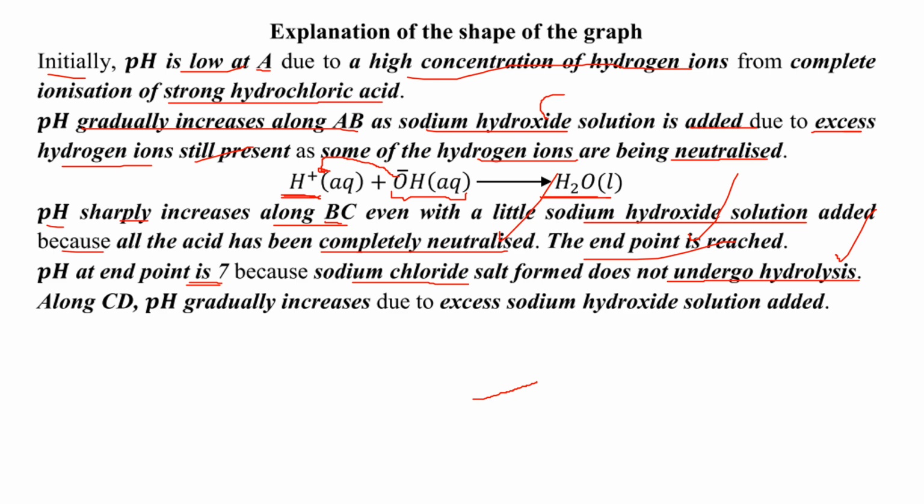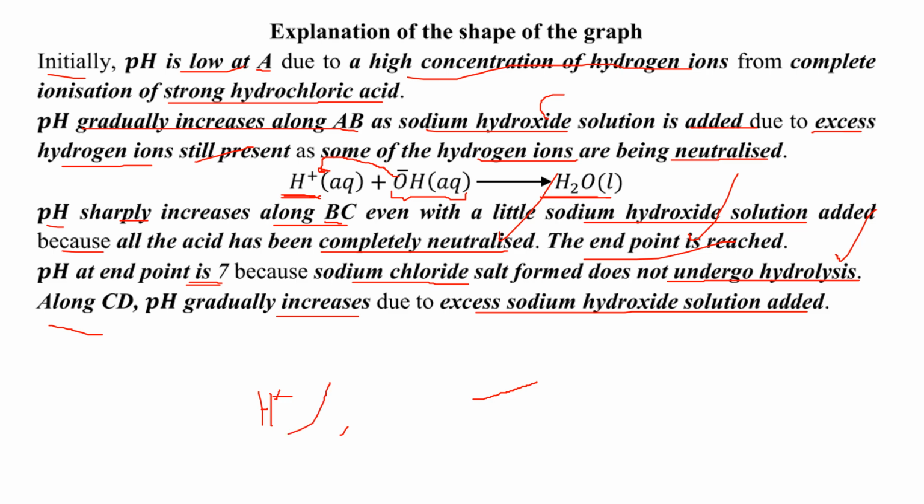So explaining along CD, we are saying that along CD, pH is going to be gradually increasing, and this is due to the excess sodium hydroxide solution that is being added. Remember that all the hydrogen ions at the endpoint have been neutralized.